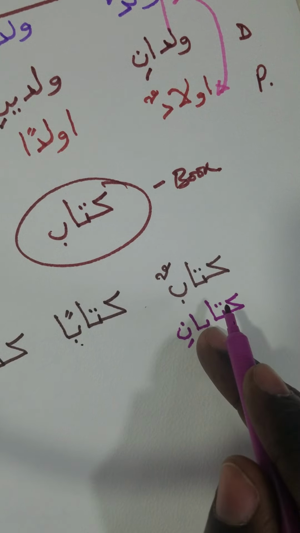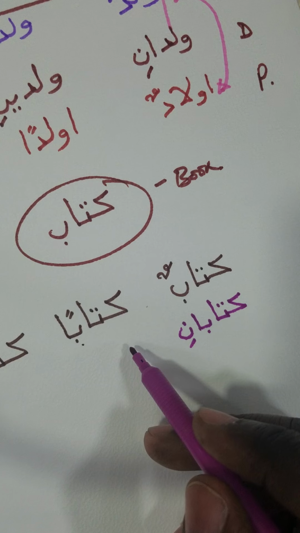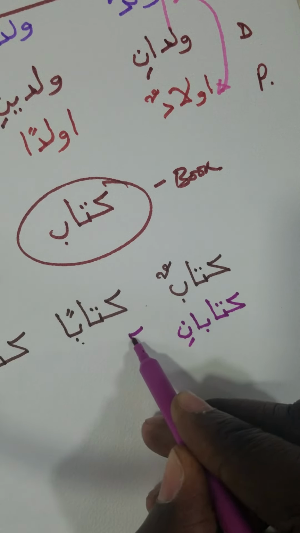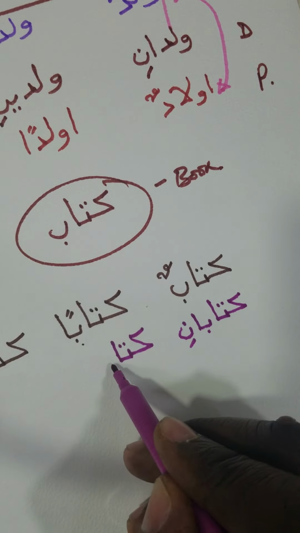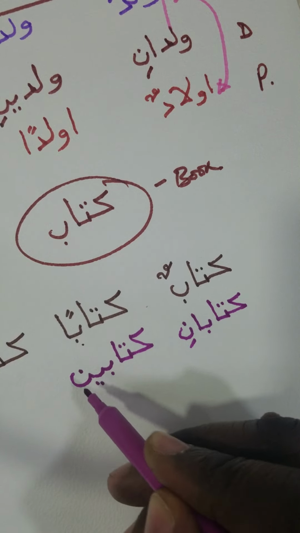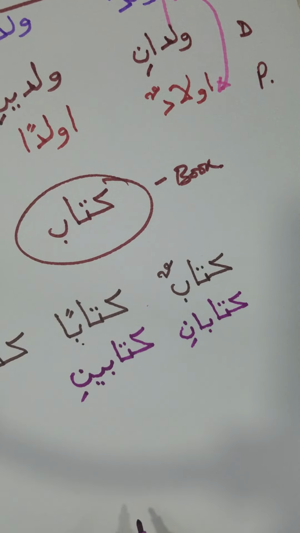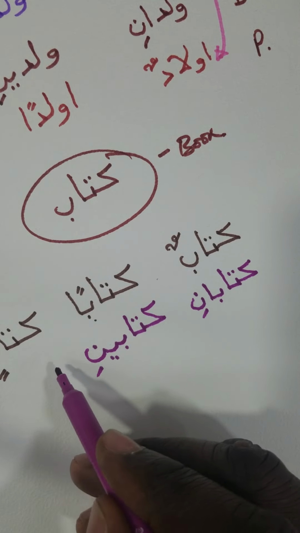We're adding an. Okay. Then second case is going to be kitabain, and also the third case is also going to be kitabain.